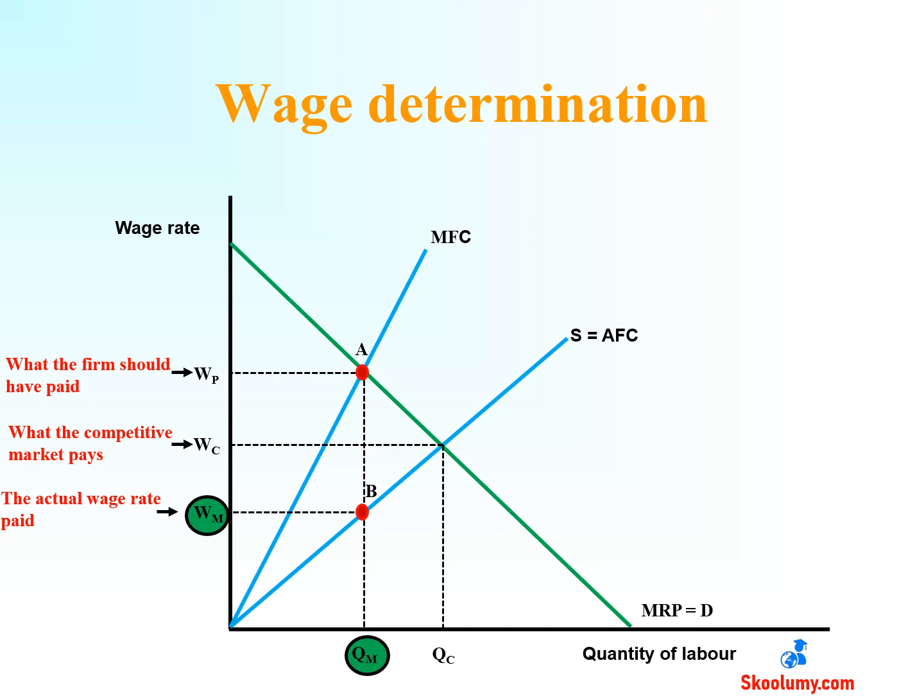In addition, a monopsony firm usually pays less than what is obtainable in a perfectly competitive labor market, and it employs fewer workers. If it were a competitive market where demand for labor and supply of labor determine the wage rate, the wage rate will be WC and the quantity of labor will be QC.